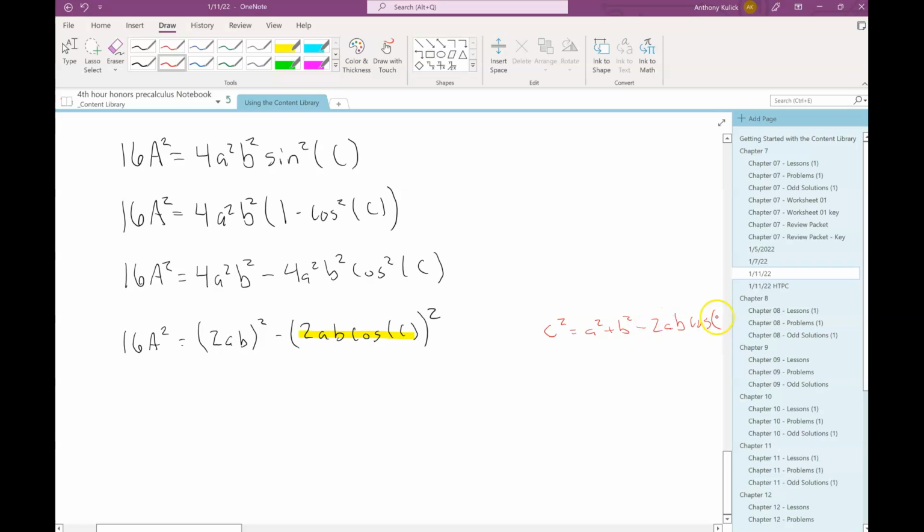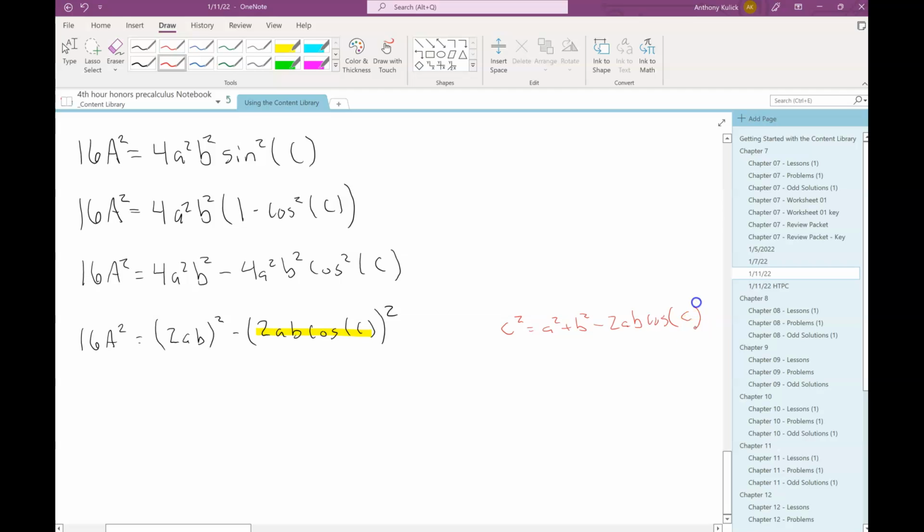Hopefully you'd recognize it as part of our law of cosines. So if I add that to one side and then subtract c squared from the other side, I'm now going to make that substitution.